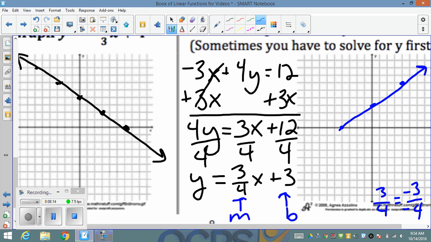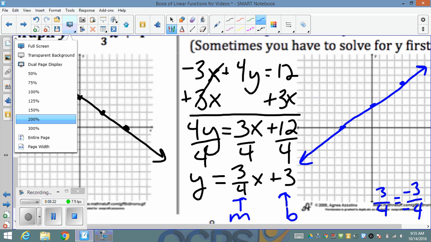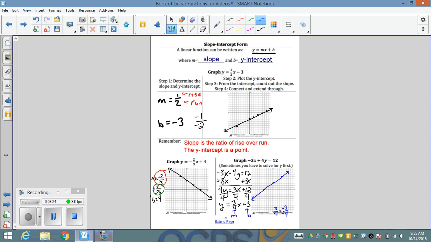Connecting and extending through. Again, positive slope, rising from left to right. So that is graphing using our slope-intercept form. It's probably the easiest way to graph, especially if the equation is already solved for y.